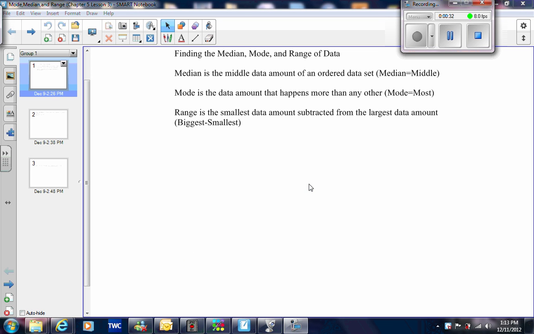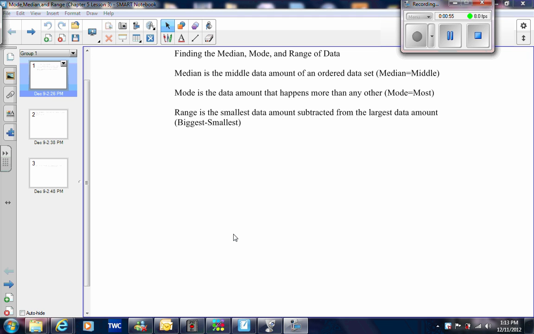The median, you can see on the screen here, I put median is equal to middle. When you look at the word median, it almost looks like the word middle. And so that is a good reminder that you have to find the middle. But it's not just enough to have the middle. You have to put it in order first.